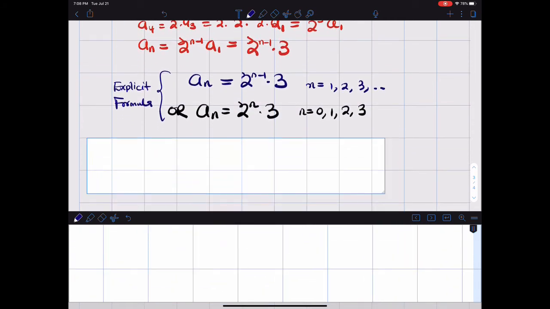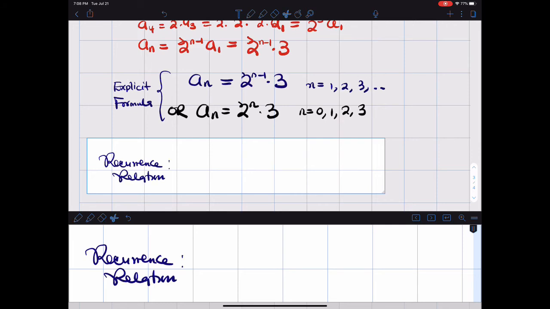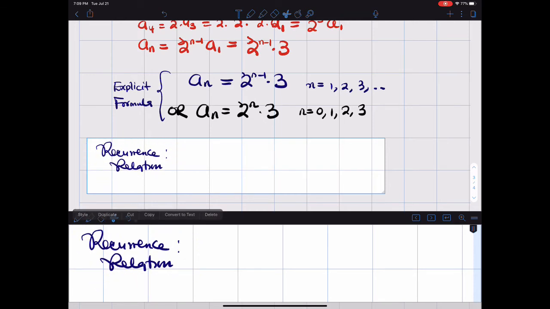How about a recurrence relation? Recurrence relation is actually easy.